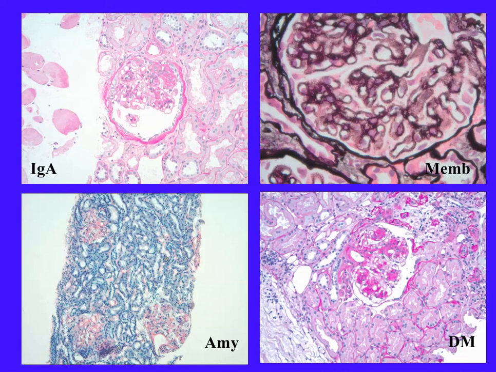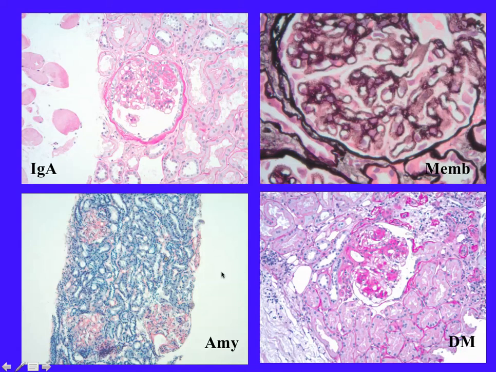So, for example, in an IgA nephropathy, you can see here that there are areas of mesangial proliferation with segmental sclerosis. In a membranous case, we have diffuse spiky appearances present on the silver stain on the external surface of the glomerular basement membranes.